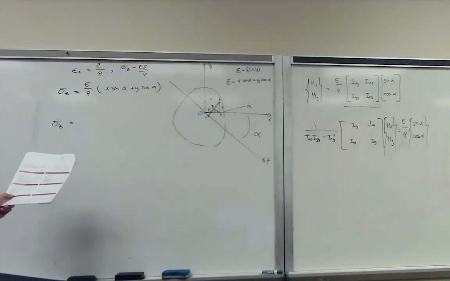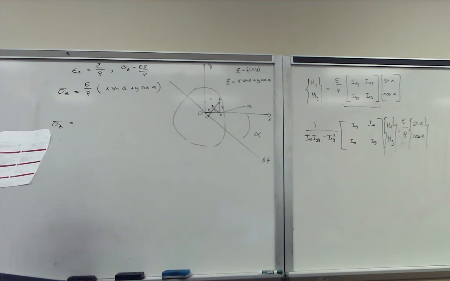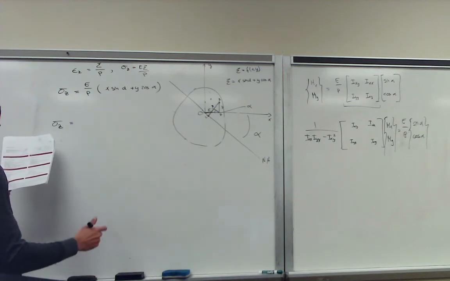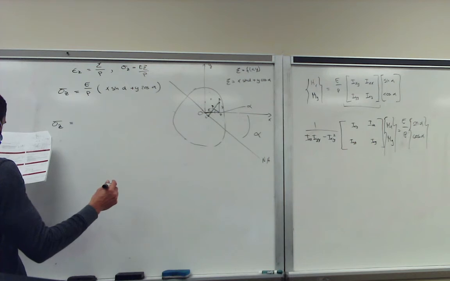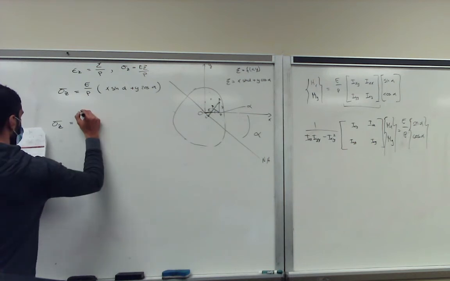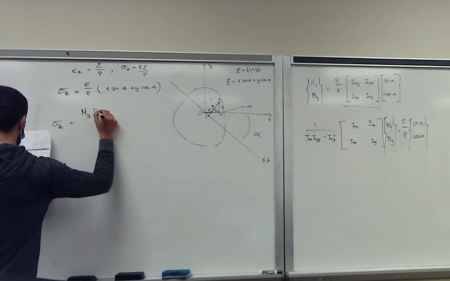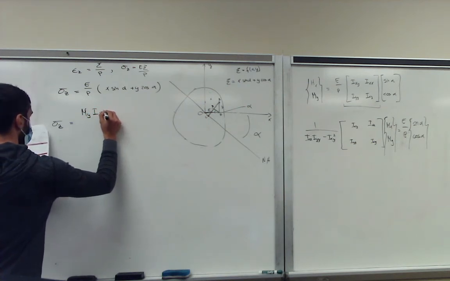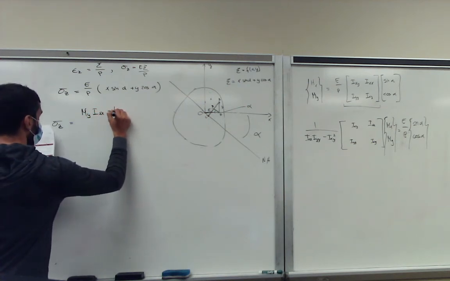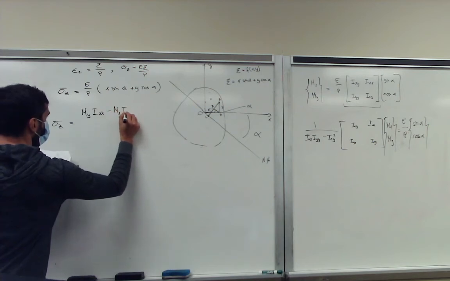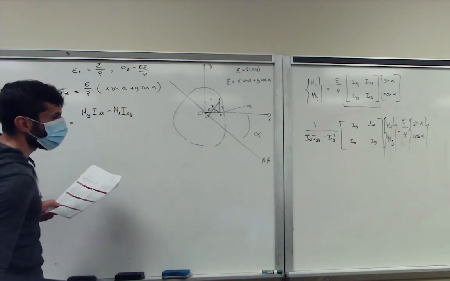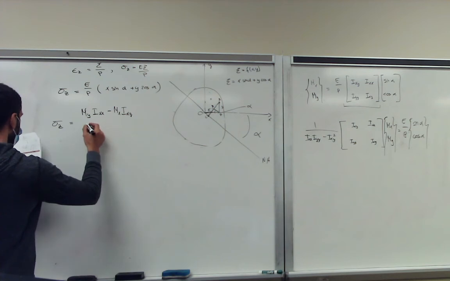This might be a typo in the lecture sheets. I'll double check that, but there should be no negative sign. What we can get is then our final form, so My Ixx, I have to double check that negative sign there.